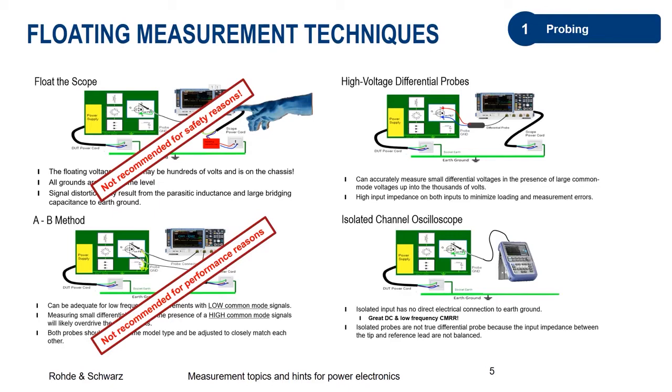Well, you don't achieve the same common mode rejection ratio as with high voltage differential probes, but you can also get very good results, and for a lot of devices where switching speeds are not extraordinarily fast, you can get very good measurements. And of course, the other aspect here is that handheld instruments are particularly valuable if you go to field measurements.